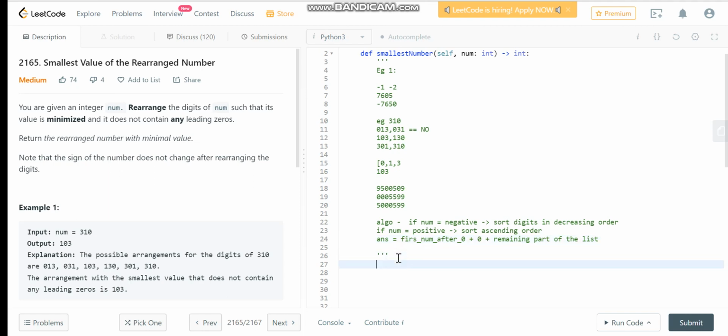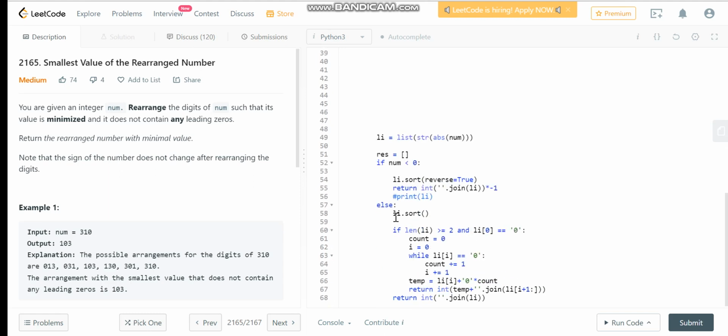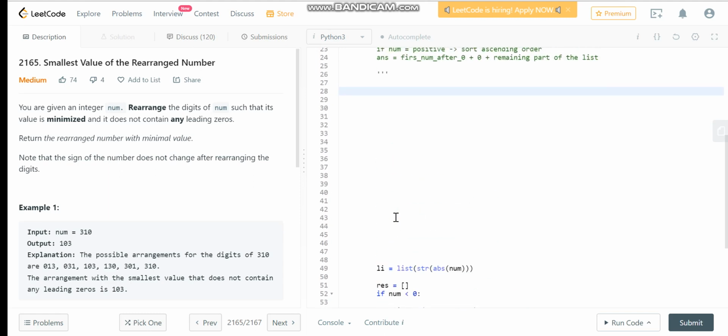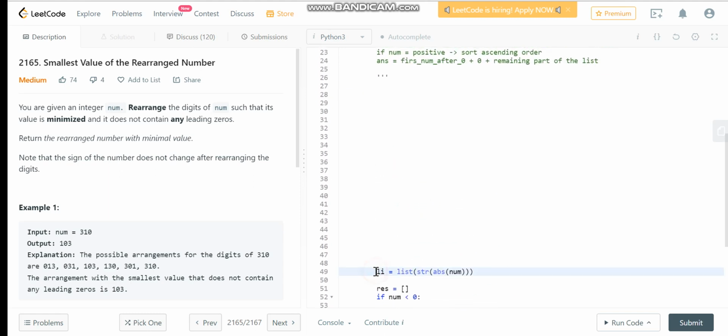Now let's look at the code that we have. This code is in Python. I am taking the number and converting it to a string. I basically want a list of all these digits, so I'm converting it into a list.